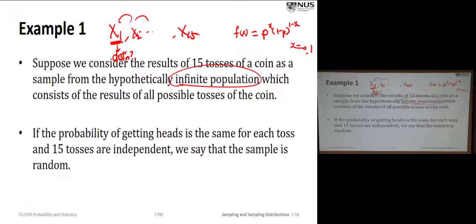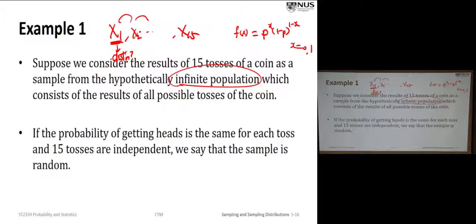Because it's an infinite population, the one that we just discussed will not work. With a finite population, you can have this capital N, and you can think of how many ways to choose and get the definition. Random sample means that every subset of the same size, or every sample of the same size, should have equal probability of being selected. But for infinite, we cannot define it like that.